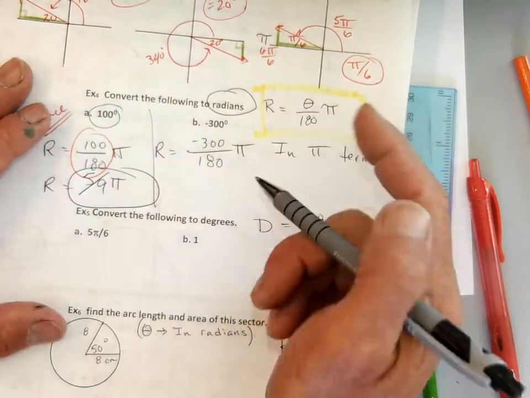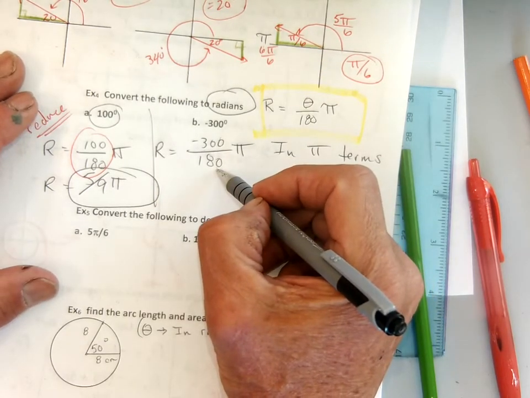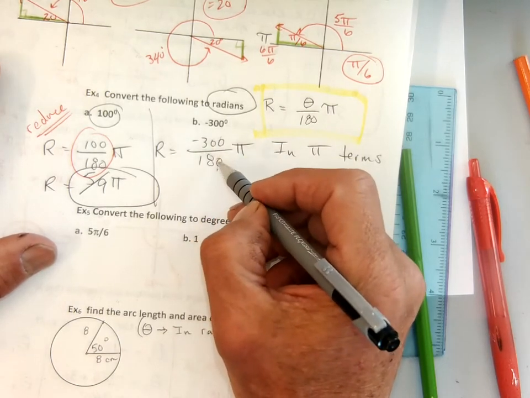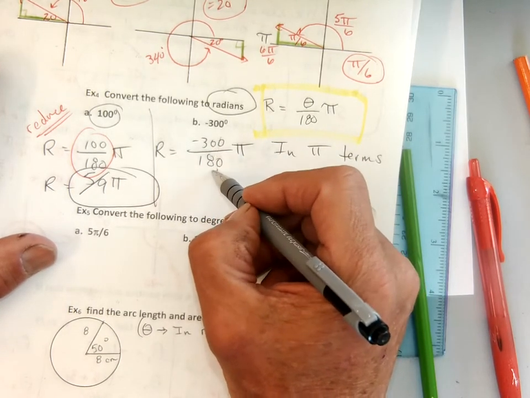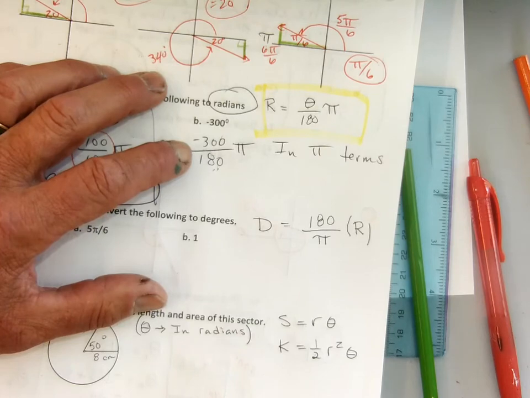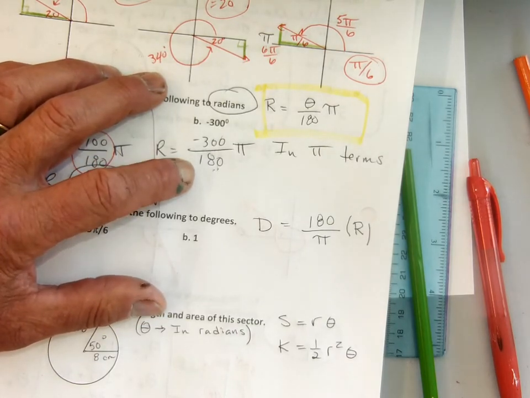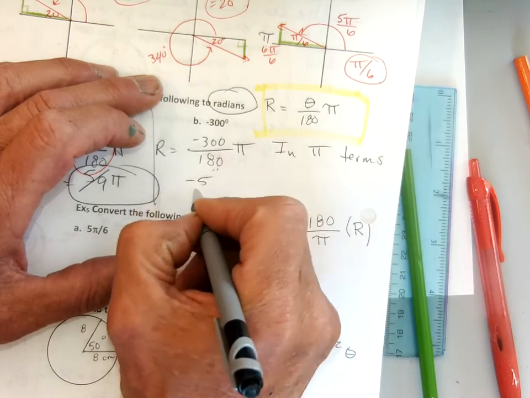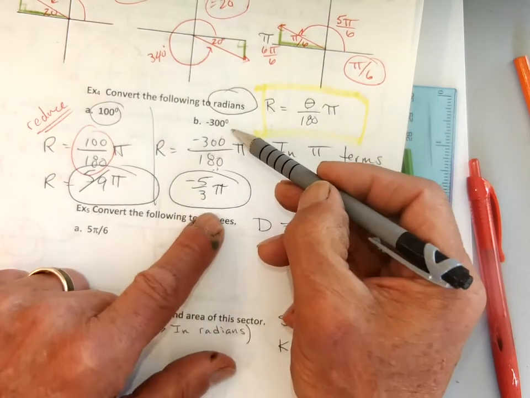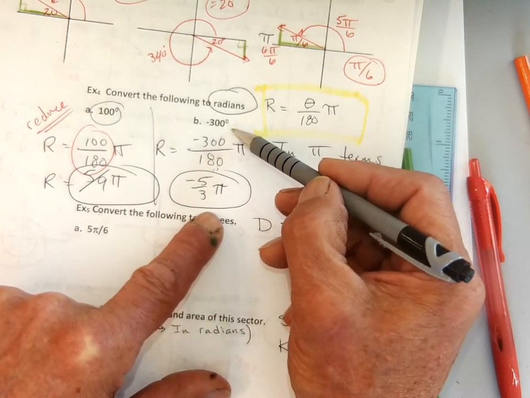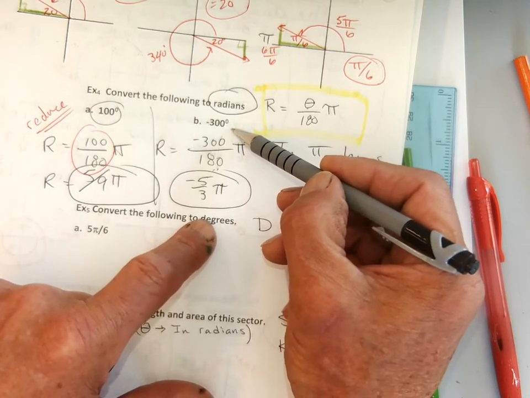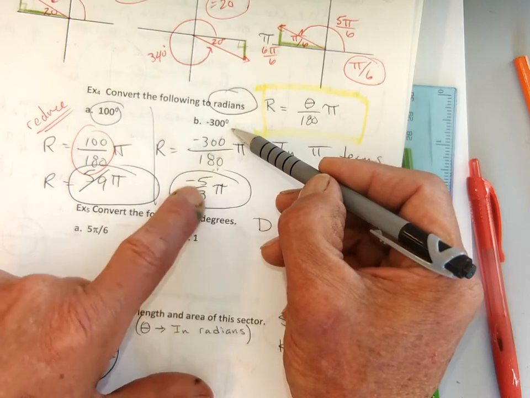I'm going to reduce this: 300/180, divide by 60, I get 5 over 3. Negative 5 pi/3. Same angle, different name. Negative 300 degrees and negative 5 pi/3 are the same angle, different name. You okay with that? One's a name in radians. It's also the arc length.